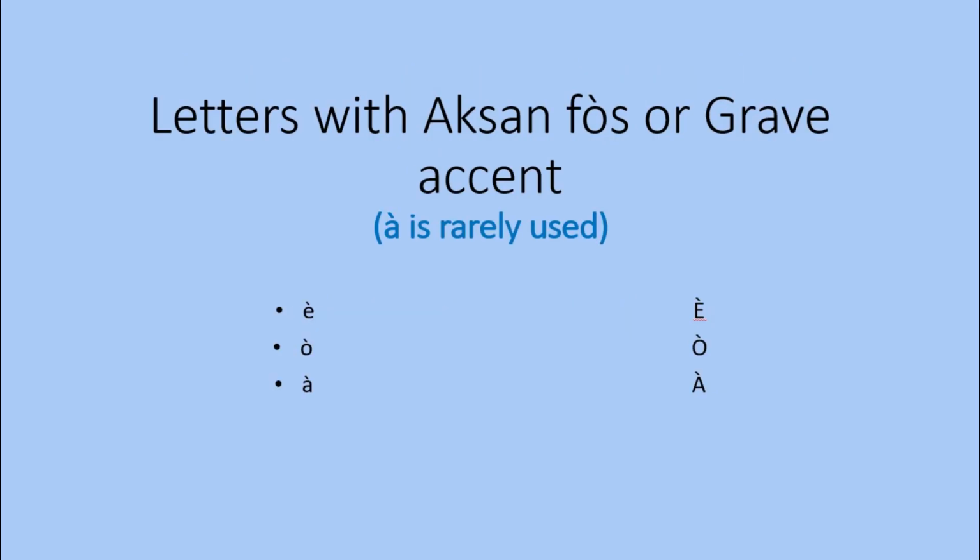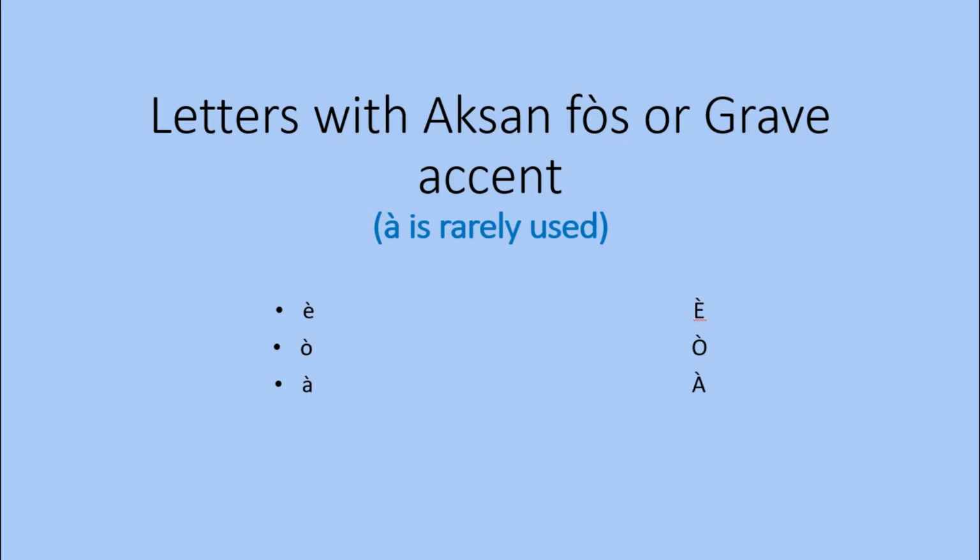Like I said in the beginning, we have 3 letters in the Haitian Creole alphabet that sometimes have accents on them. So we have the letter E, we have O, and then we have the letter A. You'll find that there are many words in Creole that have the accent on the letter E, and we also have that on the letter O. And it's not as common on the letter A, but it does happen.